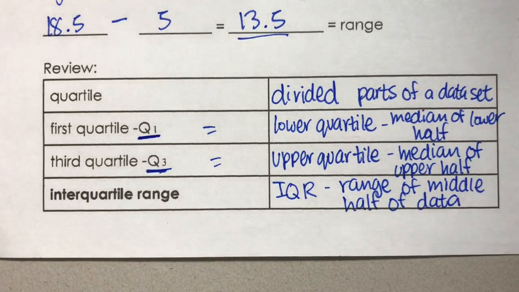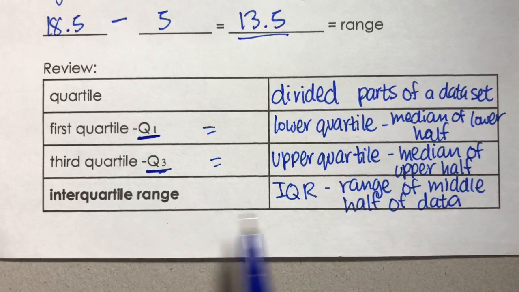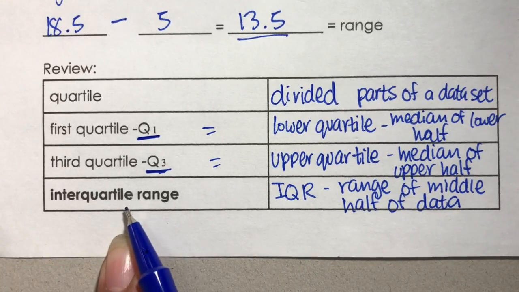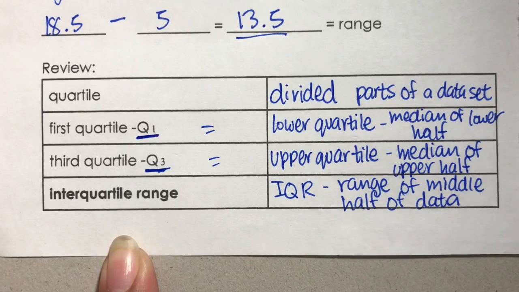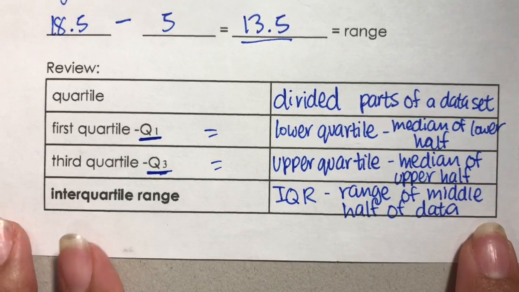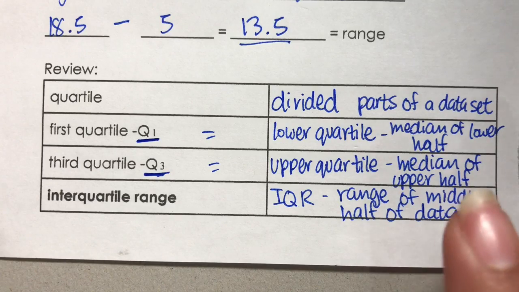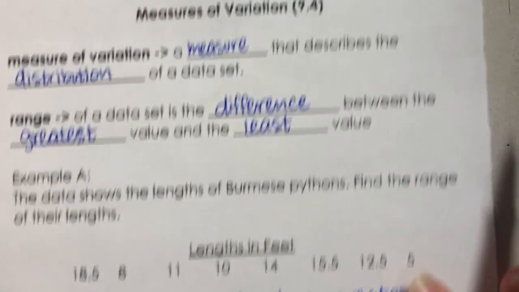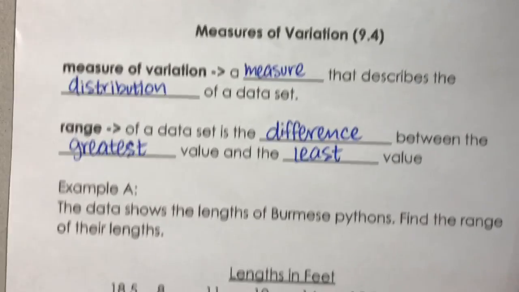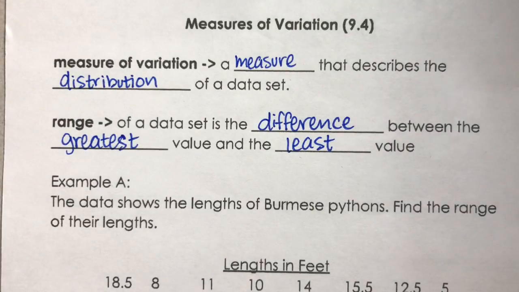We're going to learn how to find the interquartile range, which is the range of the middle half of data. Now that we've worked through the first half of this video, you're ready to move on to part 2 of our measures of variation notes. So go ahead and move on to part 2.